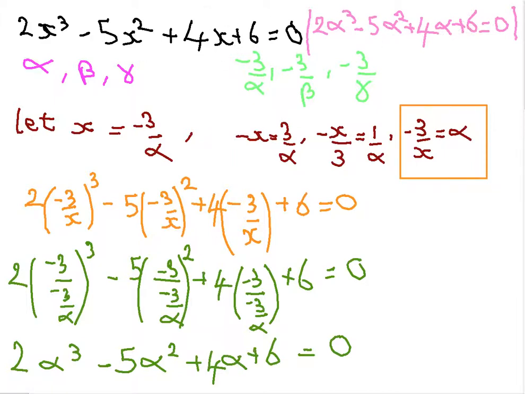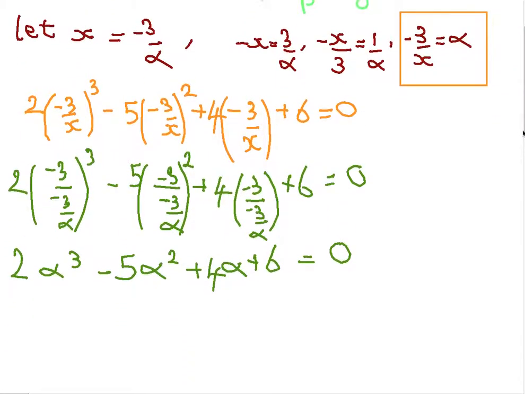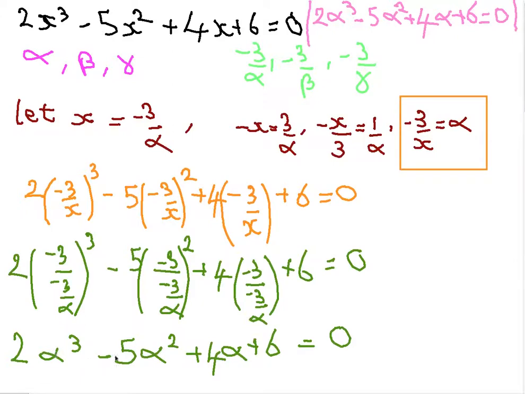We know it because alpha is a solution of this equation. Well, look, here we've got exactly the same thing. So we know that minus 3 over alpha is a solution to our new equation, 2 times minus 3 over x cubed minus 5 times minus 3 over x squared, etc., etc.